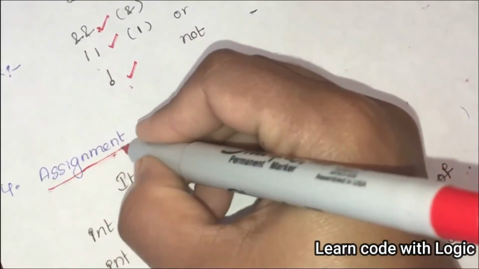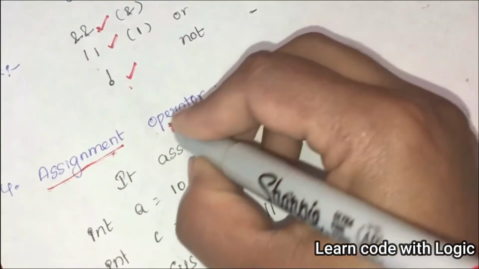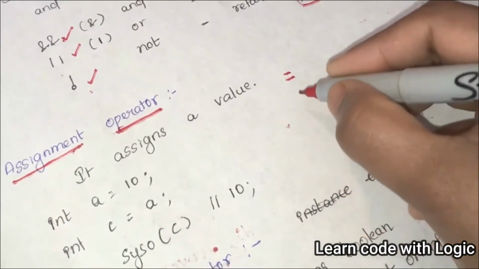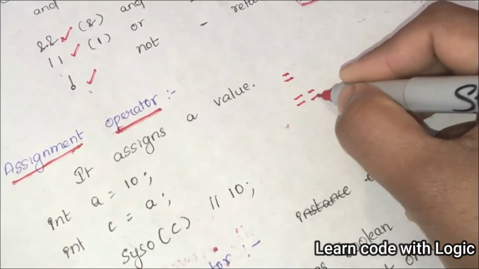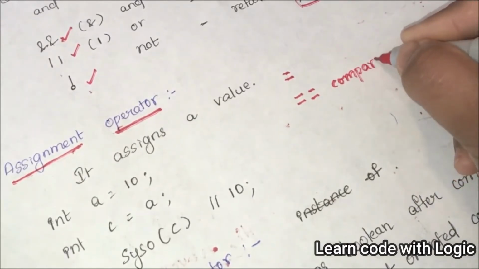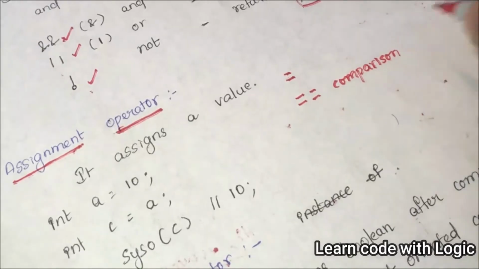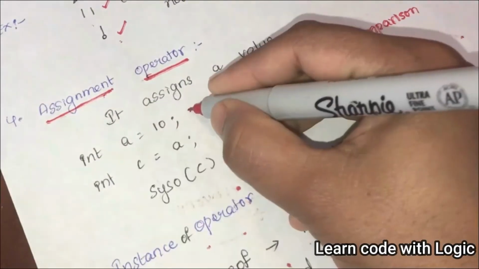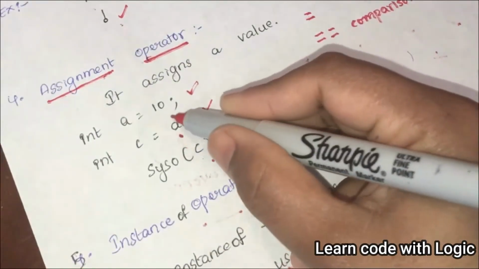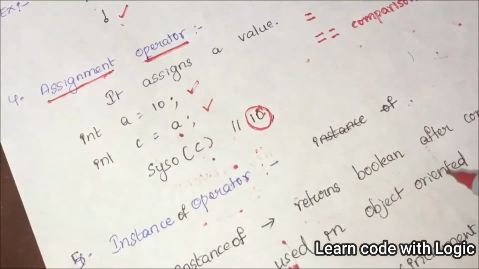The next operator in Java is the assignment operator. Assignment means the equal symbol, just one equal symbol. If it is two equal symbols, we already discussed, that is comparison. Suppose int a equal to 10, int c equal to a, even though you are not assigning any value directly here.